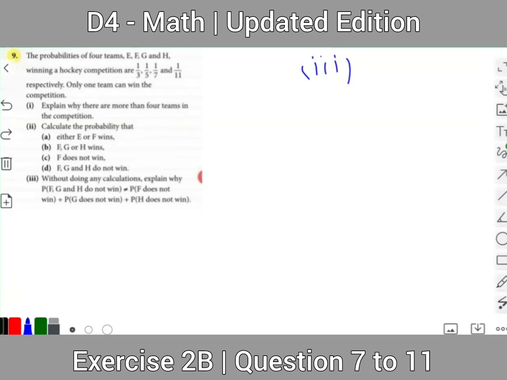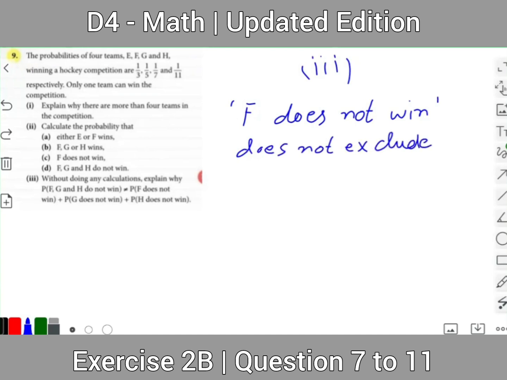This means that the event F does not win, does not exclude the events G does not win, and H does not win.